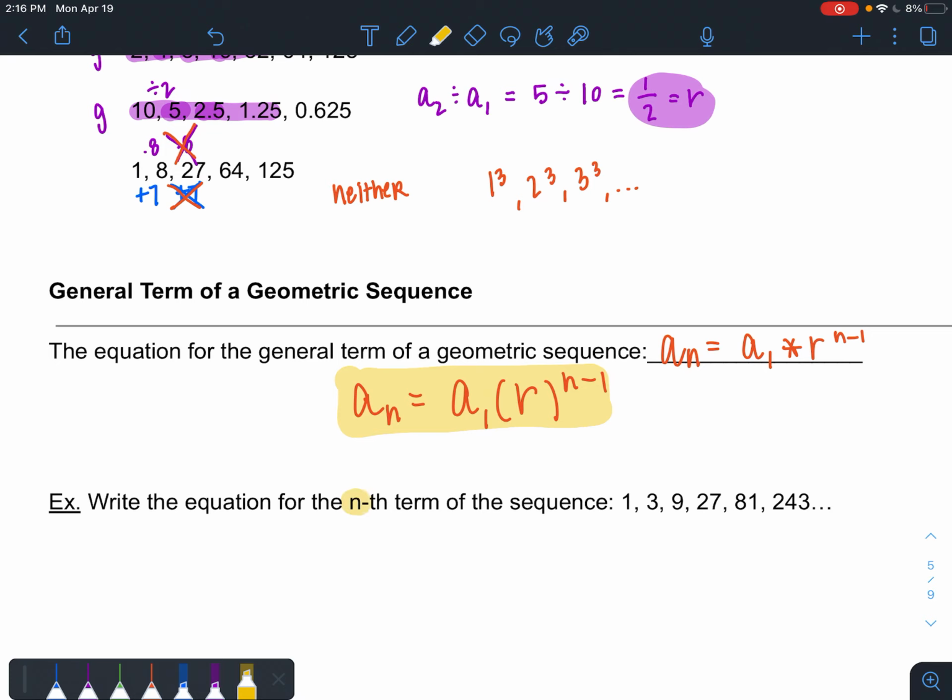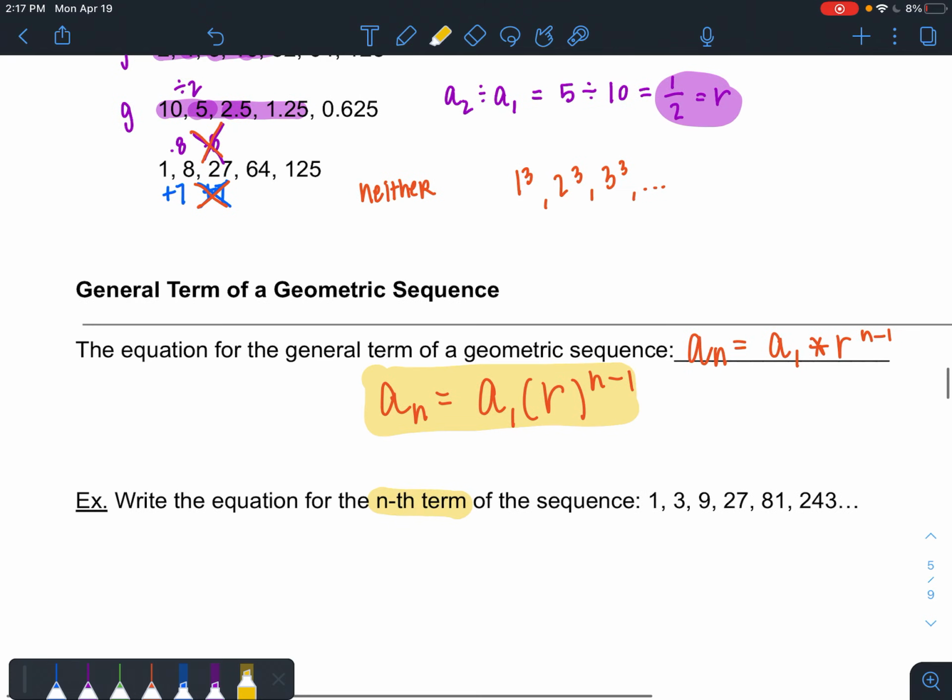Okay, so we're going to write the equation for the nth term of a sequence. From 1 to 3, I am multiplying by 3, multiplying by 3, multiplying by 3. So r is equal to 3. This is my a sub 1 right here.